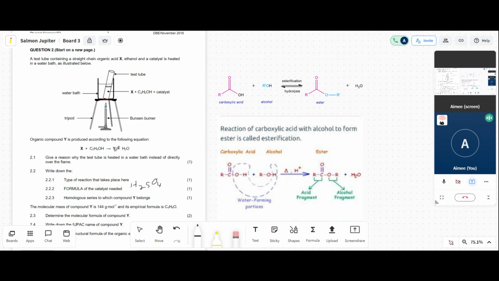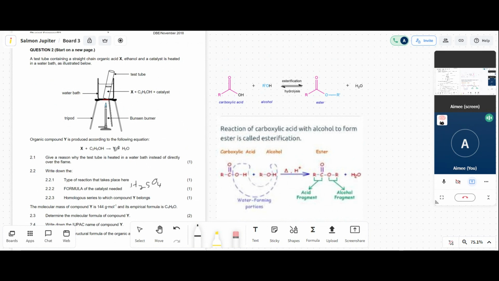The first thing that we want to look at is how do we calculate a molecular formula from an empirical formula.